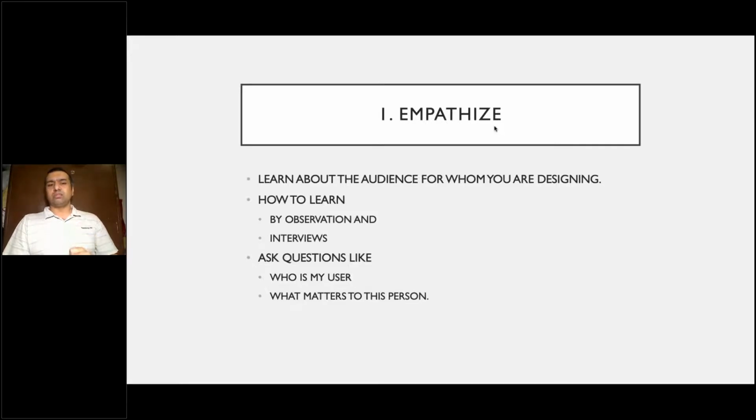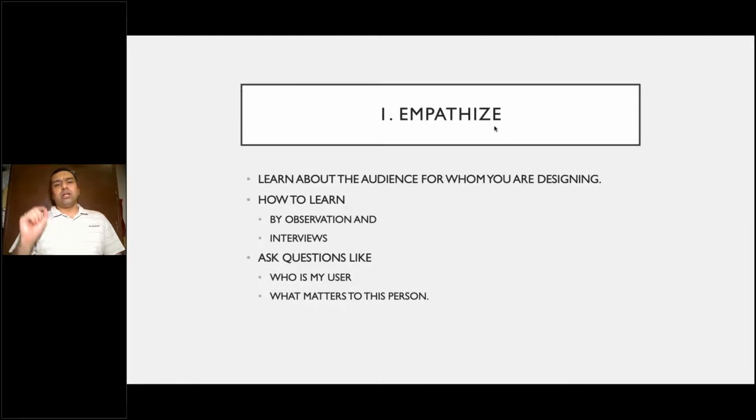How do you learn this? There are just two ways to do that. One is by observation, and second is by interviewing, by talking to your end users. So that Navy SEAL story that I just narrated to you, what did these guys do? They didn't listen to the person who is sponsoring the project, who is paying the money for the project, who is going to offer them the cash for completing it.